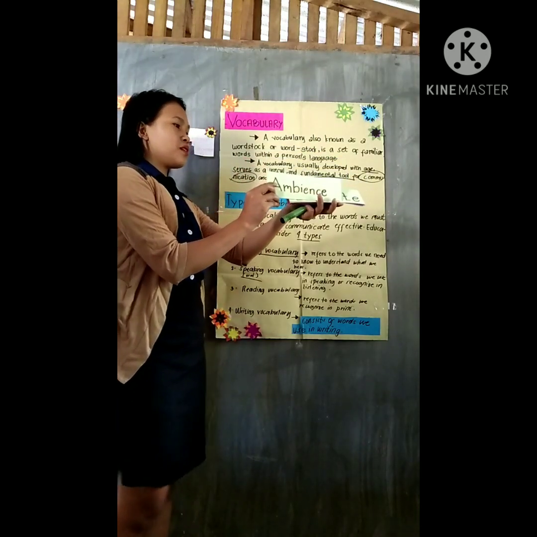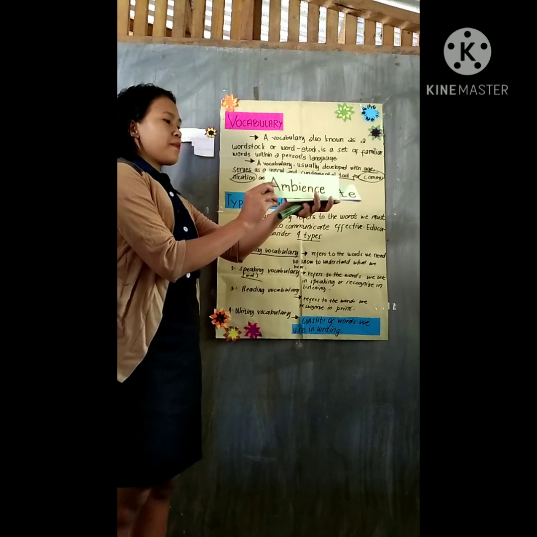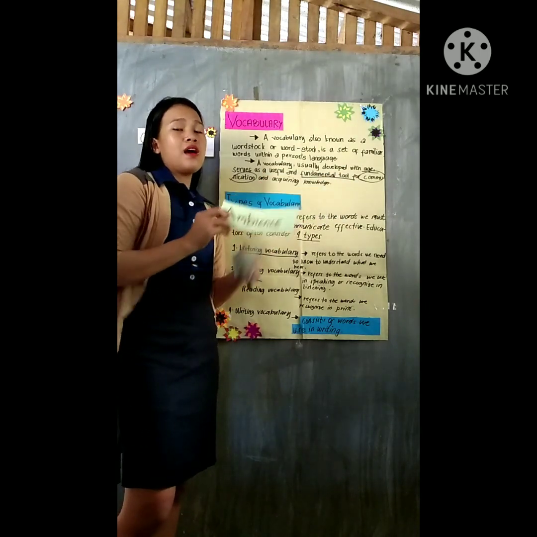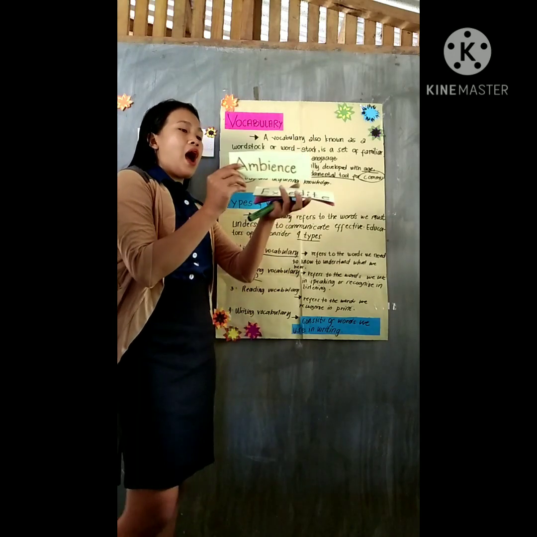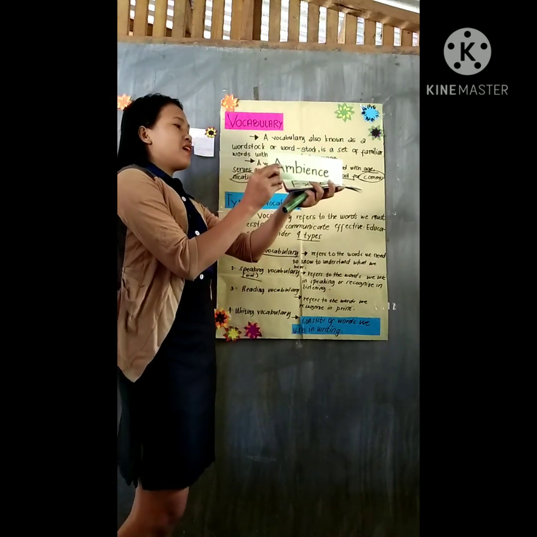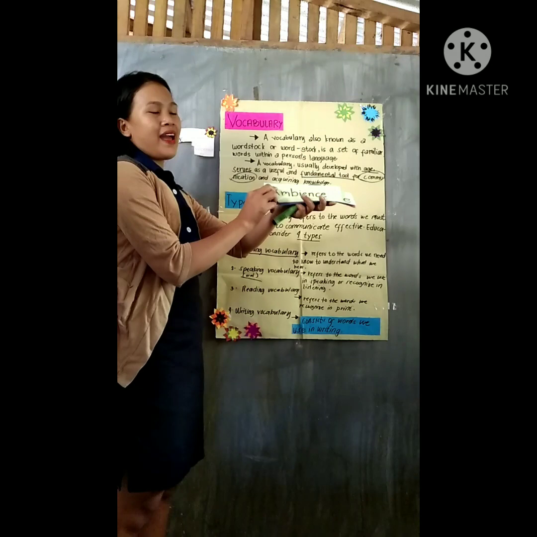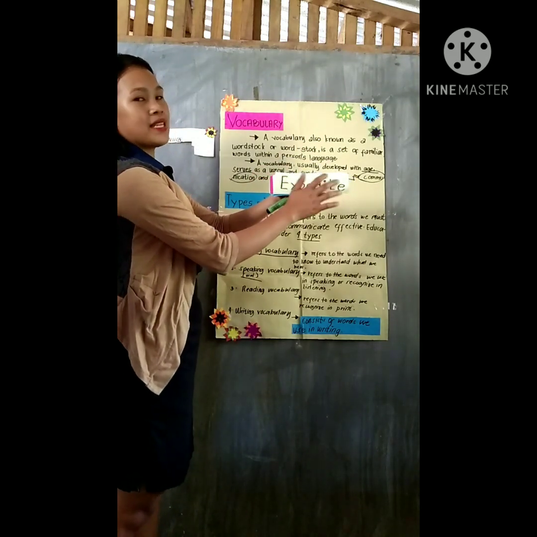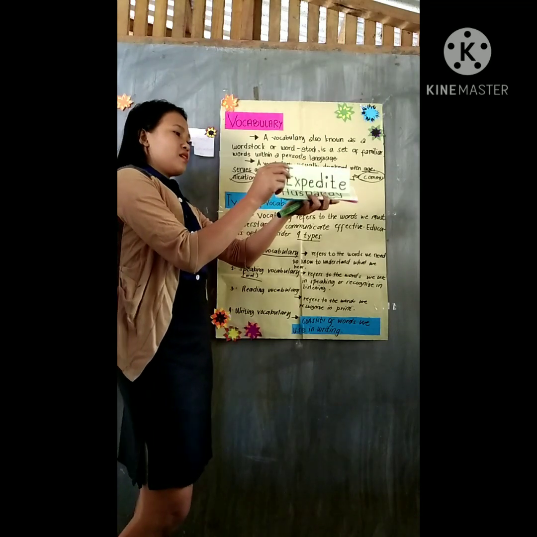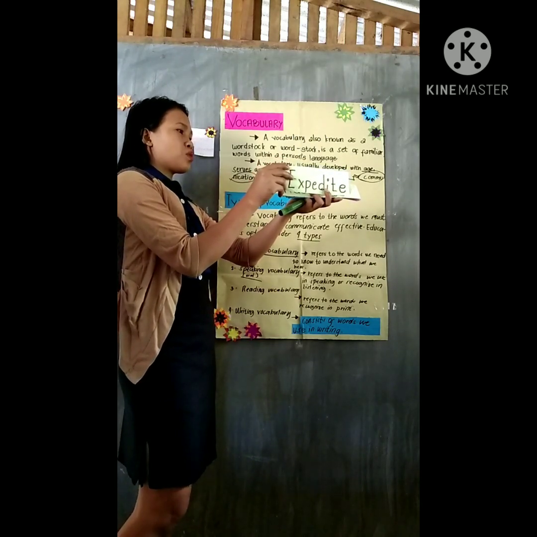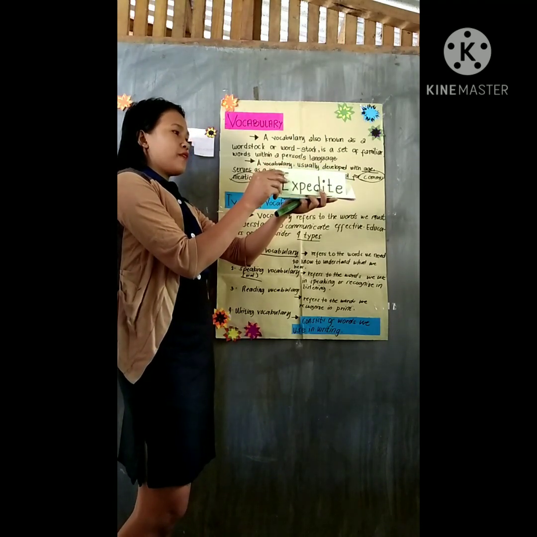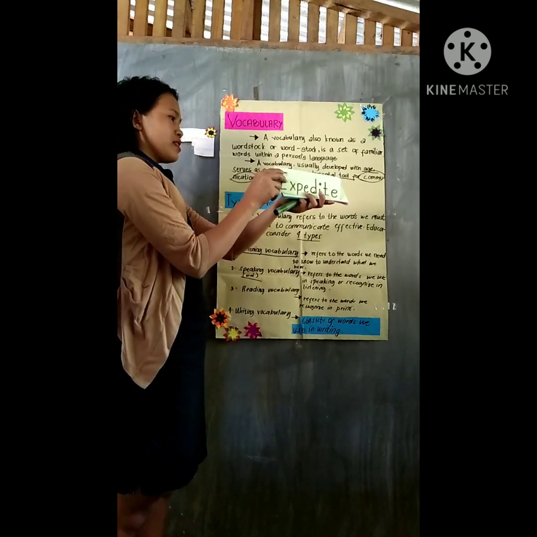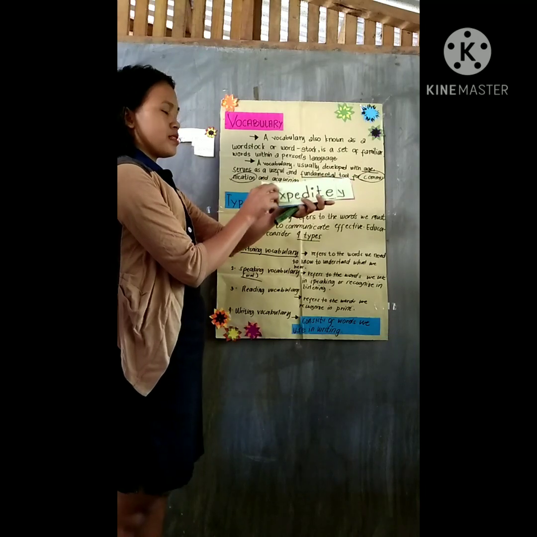Ambience is a feeling or a mood associated with a particular place, person, or anything. For example, the ambience of the tropical island. Next is expedite. Expedite is to cause to happen faster or to accelerate the speed.